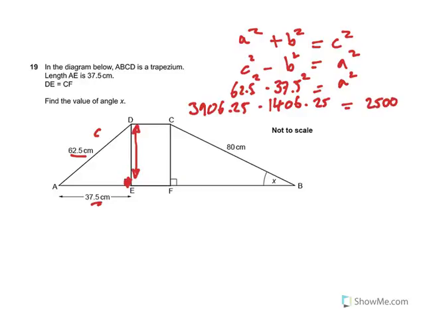So a squared equals 2,500, but we don't want a squared, we want a, so we square root that 2,500, and that gives us 50. So that means we've now found the length of this side of the triangle is 50.